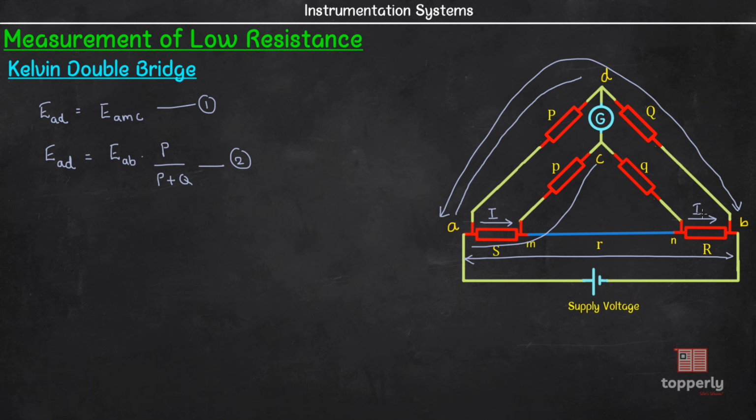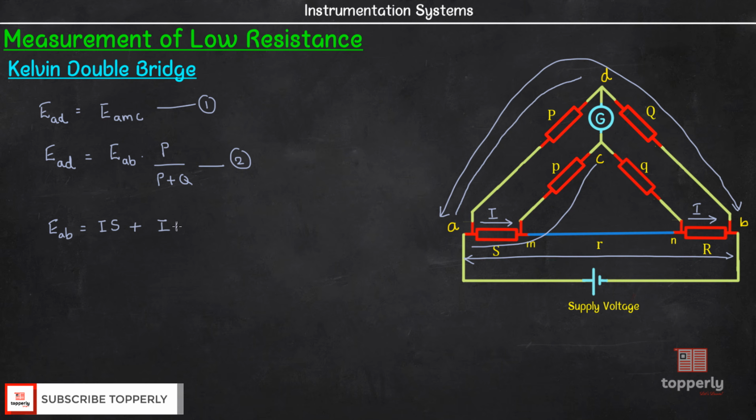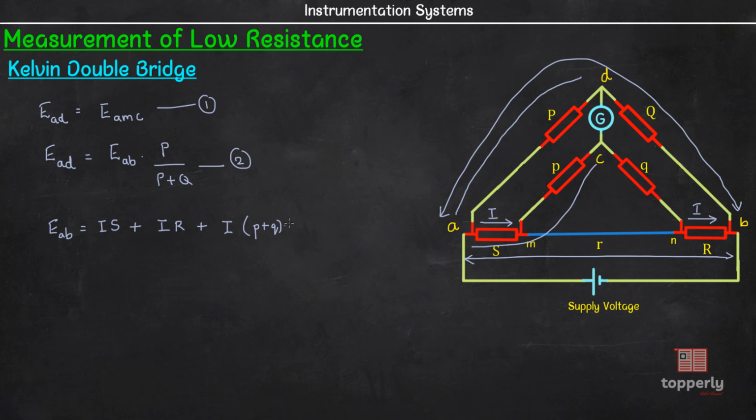So the current through the unknown resistor is also I. So EAB can be written as I into S plus I into unknown resistance R plus I into parallel combination of small p plus small q and R. Therefore, small p plus small q parallel to R. So this can be written as, taking I common, S plus R plus small p plus small q into R by small p plus small q plus R. And let us name it as equation number 3.